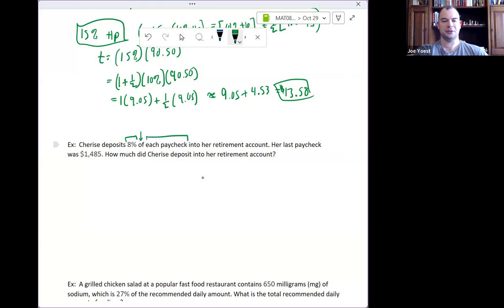Her deposit equals 8% of paycheck amount. So deposit equals 8% times her paycheck amount, 1,485. Or this is 0.08 times 1,485.